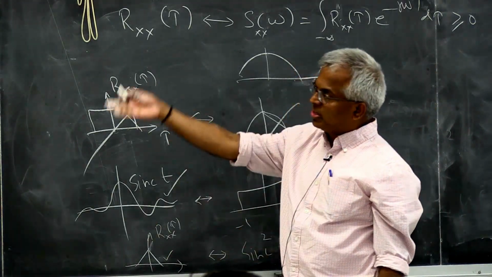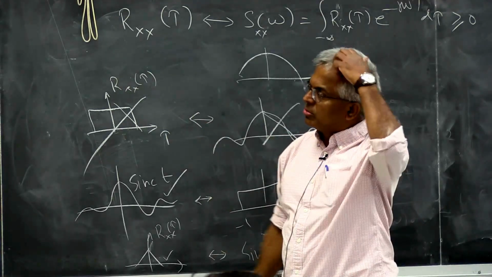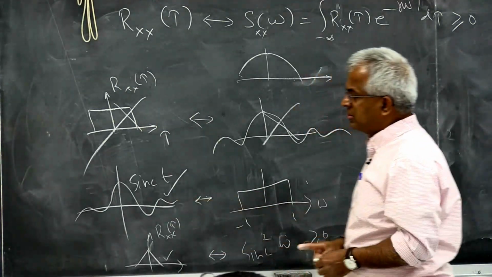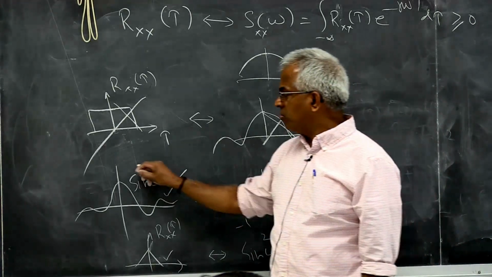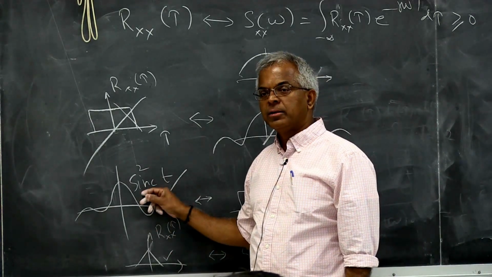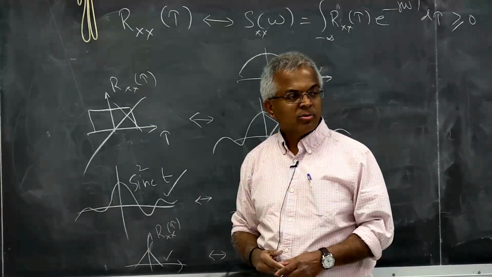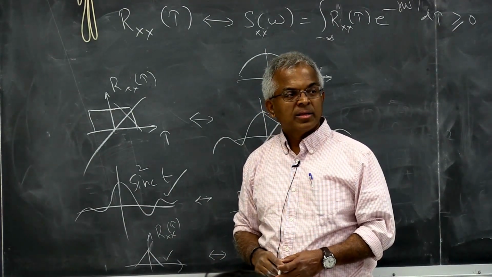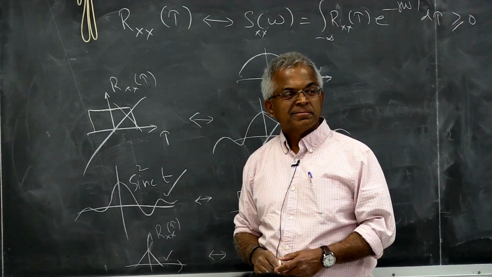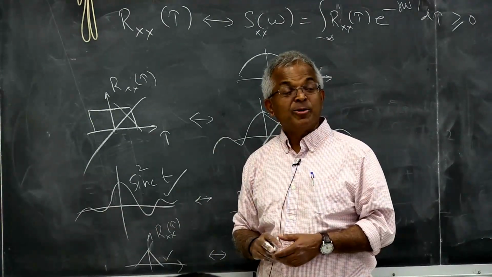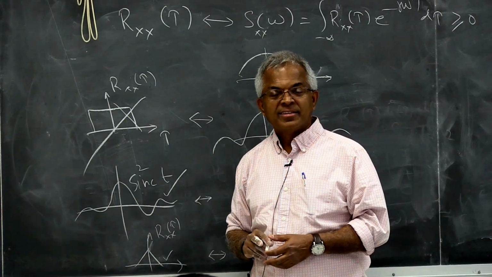So how about these functions? It's very difficult to look at it and decide. Sometimes you can do simple things like this. So what if I had sinc squared here? Autocorrelation or no? Why? It's like a triangle.